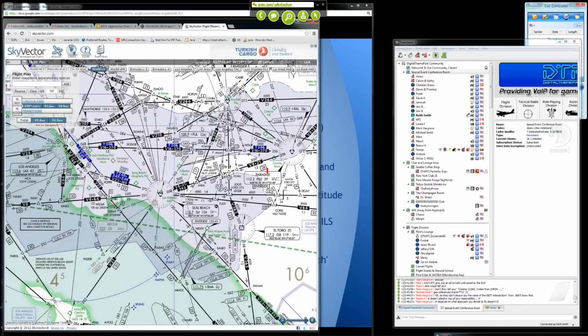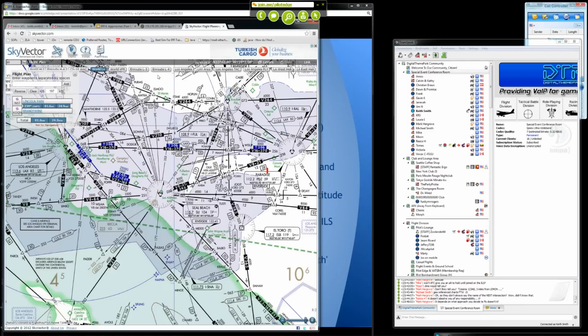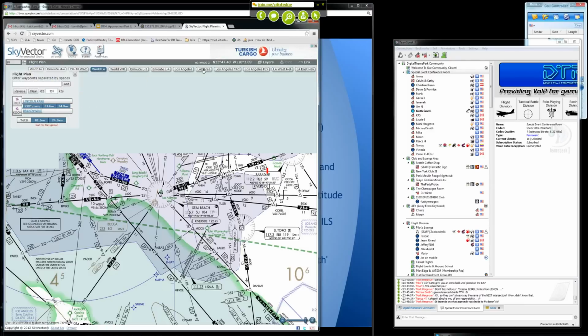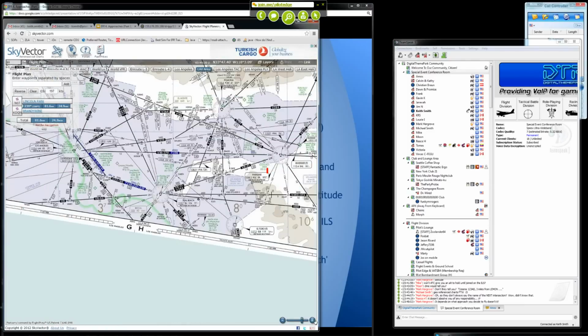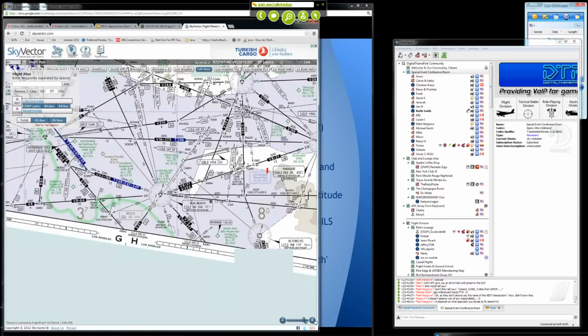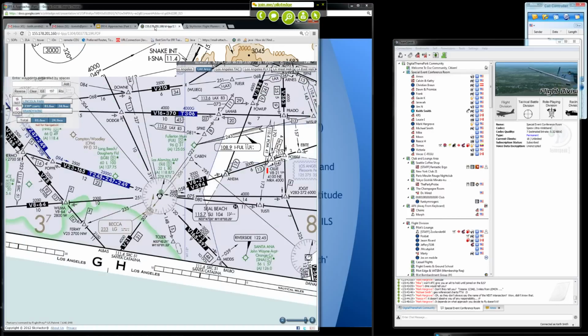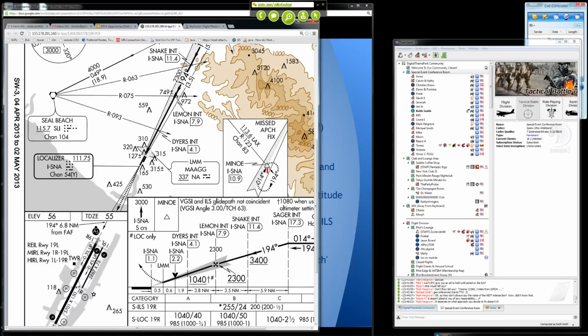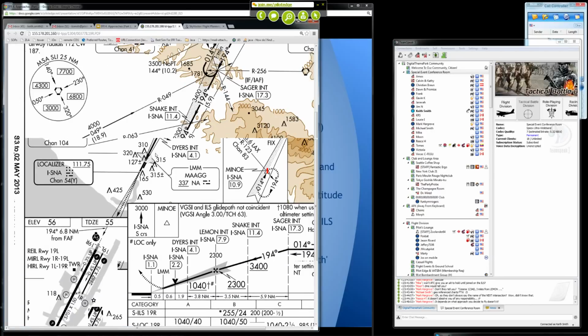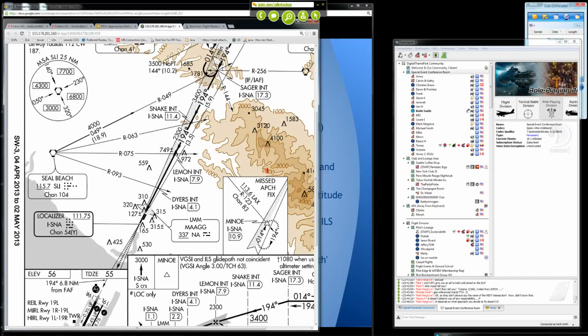Okay, so we've established that Seal Beach is a feeder, and we know from memory, hopefully at this point, but just in case, that once we hit Seal Beach, we can drop to 4,000. We do the procedure turn. All of that's clear, not up for debate. We're good from Seal Beach onwards. No big mystery there.